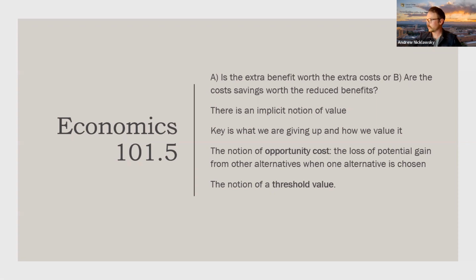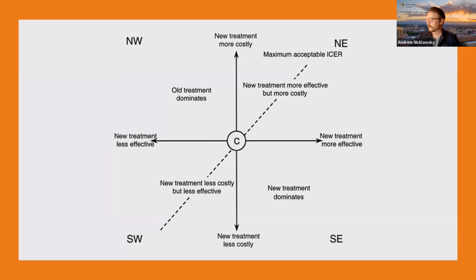When we talk about cost effectiveness, we can represent this on an X and Y axis. On our x-axis, we have effectiveness, and our y-axis is cost. Then we have 4 different quadrants depending on those easy or not so easy situations. In the first quadrant, the new treatment is more effective, but it's also more costly.